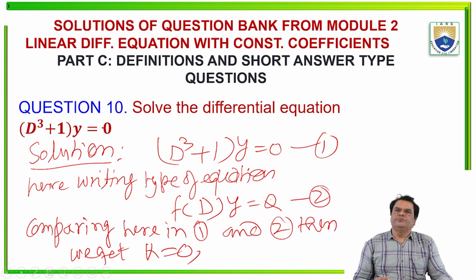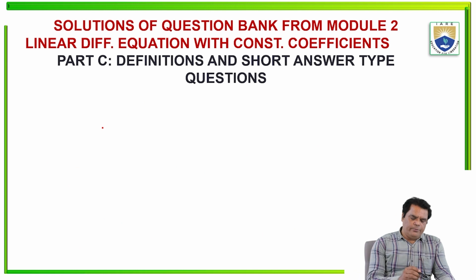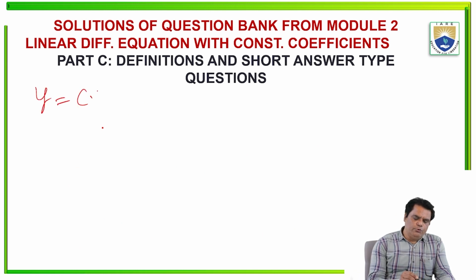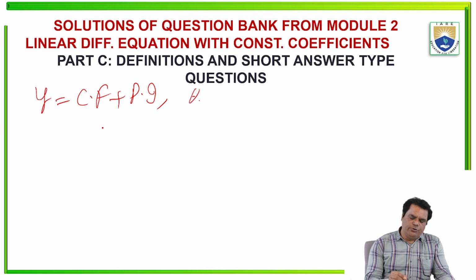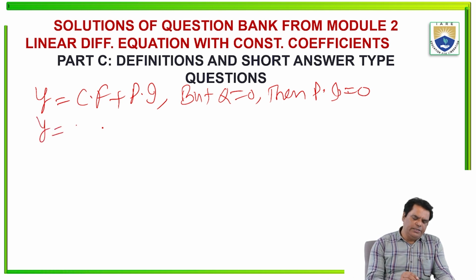Then the solution is y equal to CF plus PI. Q is 0, then PI is 0. No particular integral. Y is equal to only CF.